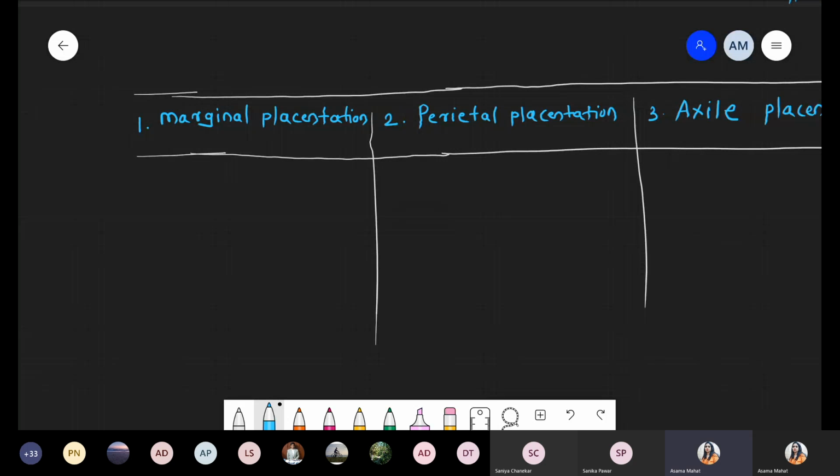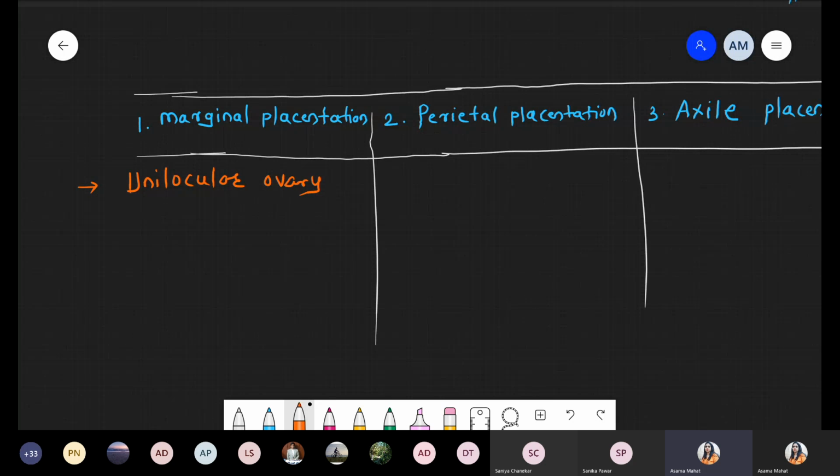When we are talking about marginal placentation, there is a presence of unilocular ovary. I hope you remember what unilocular means: inside this ovary a single chamber is present, and that single chamber is represented by unilocular ovary.